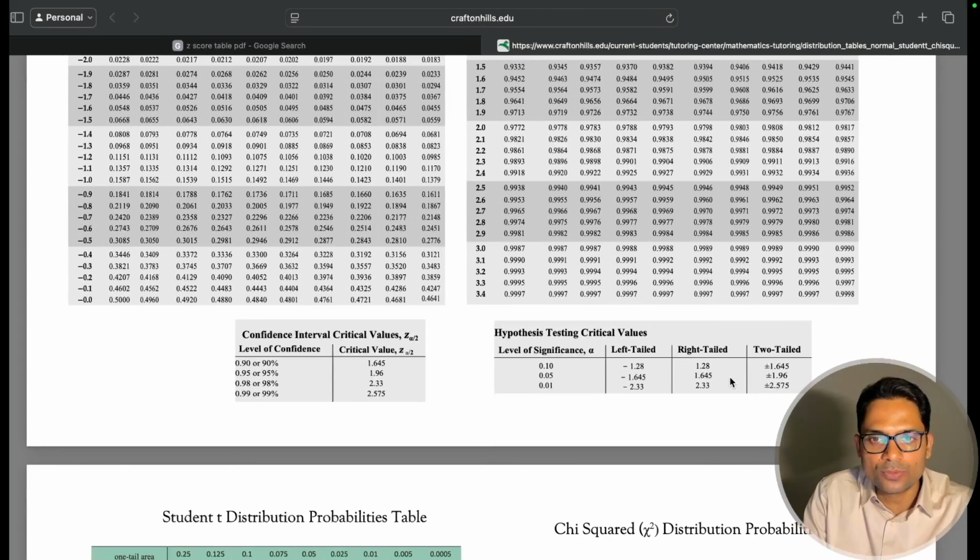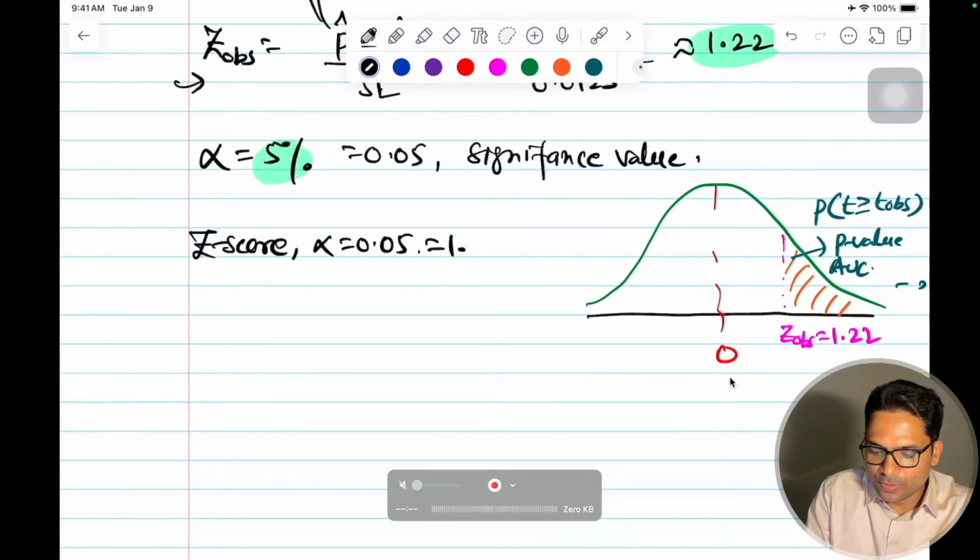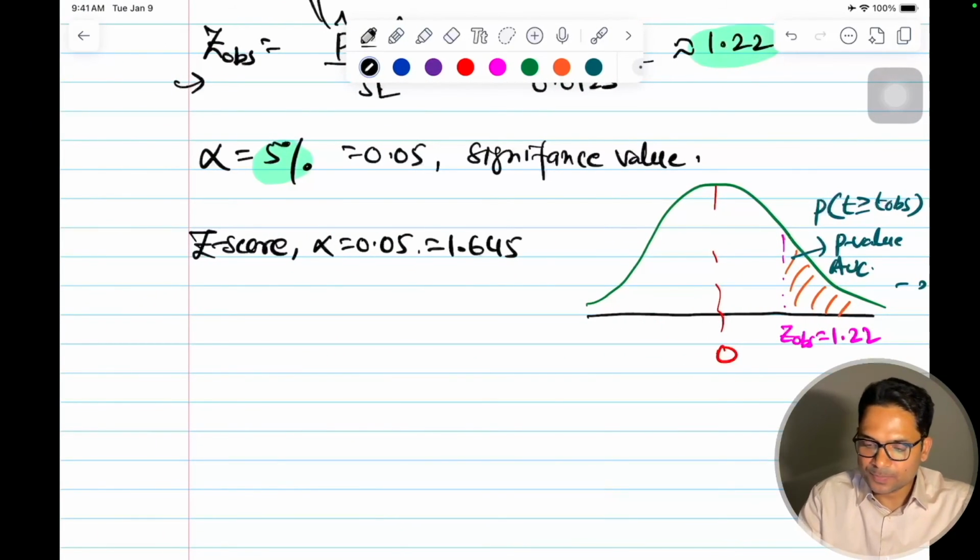So this is equal to 1.645. This is definitely greater than 1.22. Just a minute. So I will just make it here, and this is your t alpha, equal to 1.645.